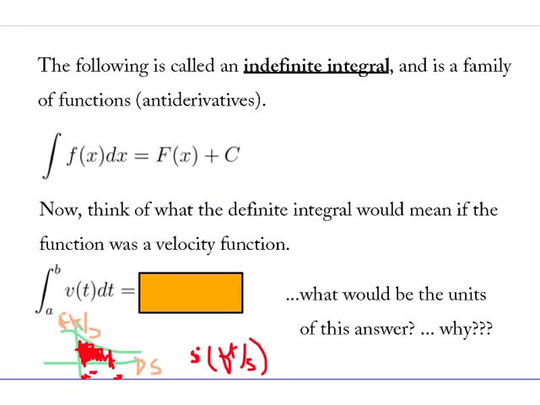So if I was looking at from 1 second to 5 seconds, and I got the area under that curve, you can see how that's actually going to give me how many feet I would have traveled in the 5 seconds. Pretty cool, right?